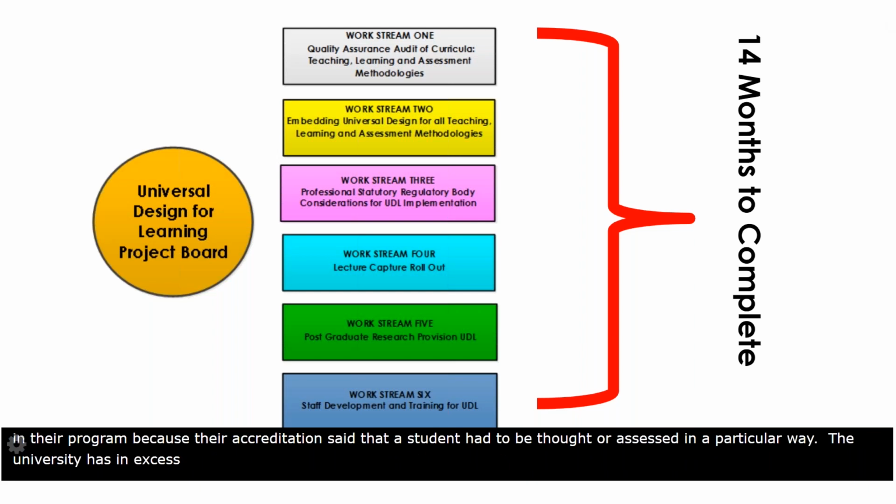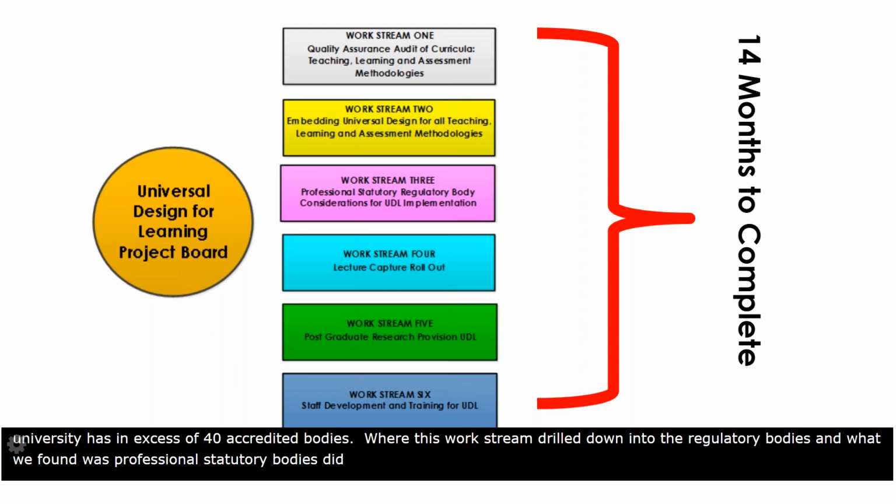When this work stream actually drilled down into the regulatory bodies and asked where there were barriers to be forensically scrutinised, what we found was that professional statutory bodies did not take very, very dictatorial approaches to how students were assessed or taught.